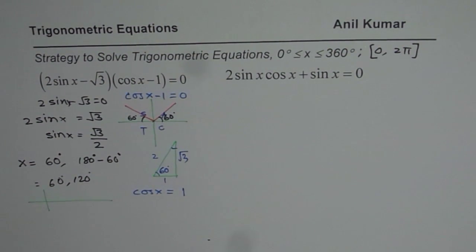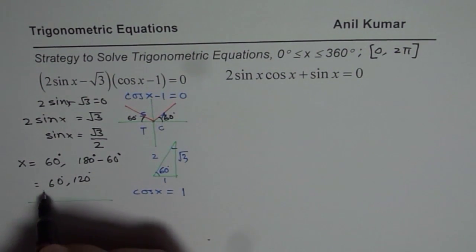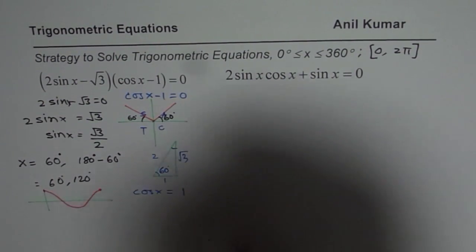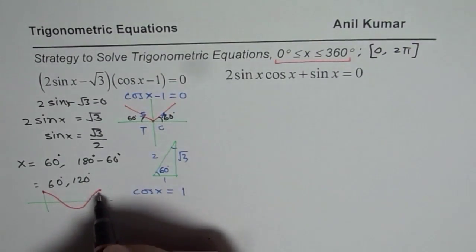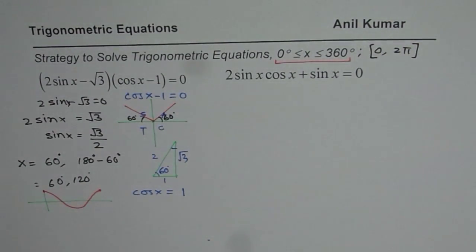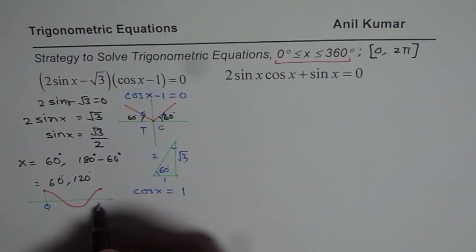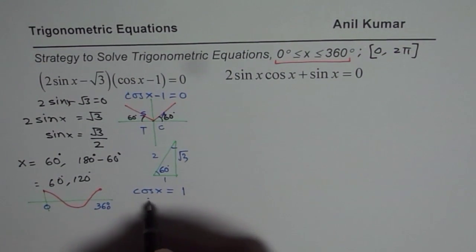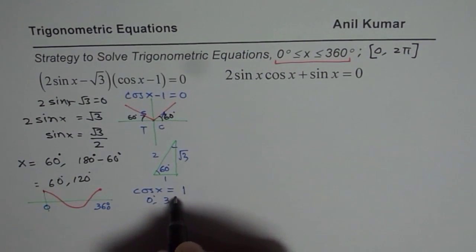If I draw a graph for cos x, it starts from 1 and ends at 1. So within the interval 0 to 360 degrees, it is 1 at the two extremes: 0 degrees and 360 degrees. So we get two solutions here.